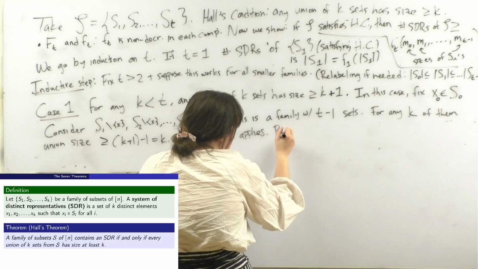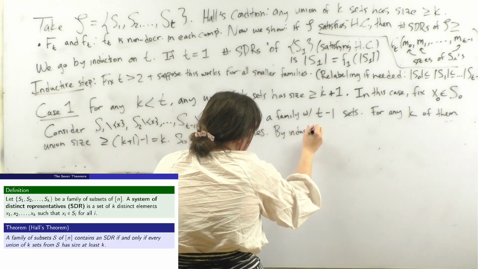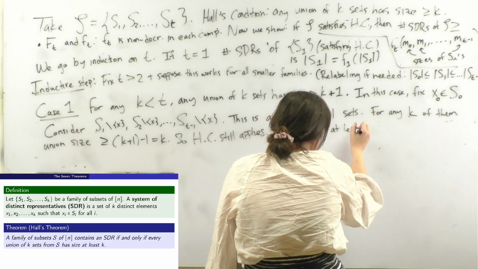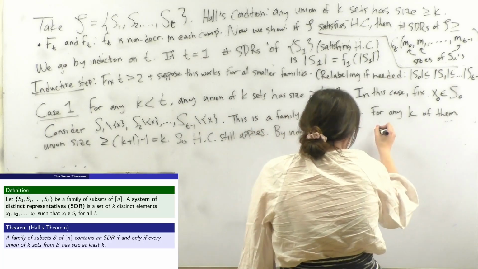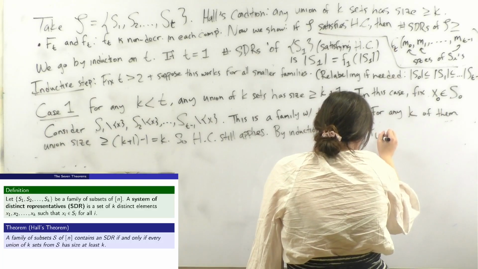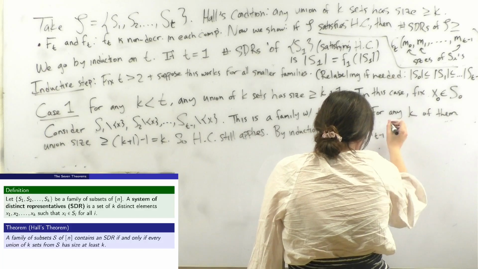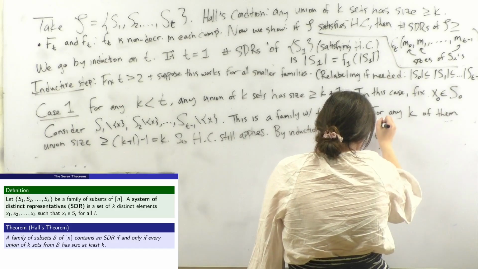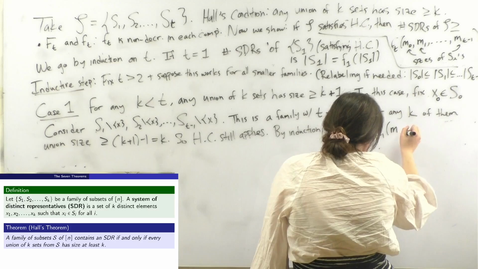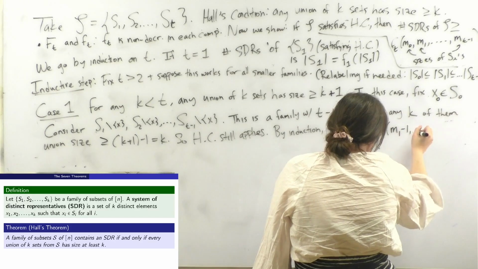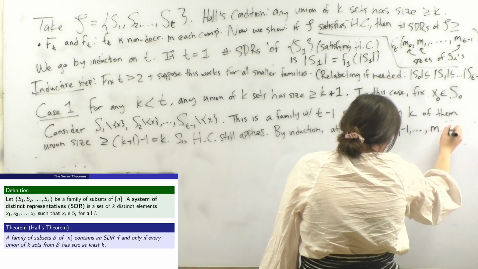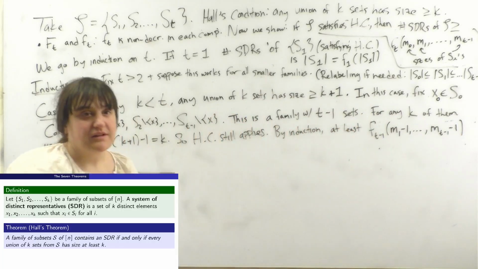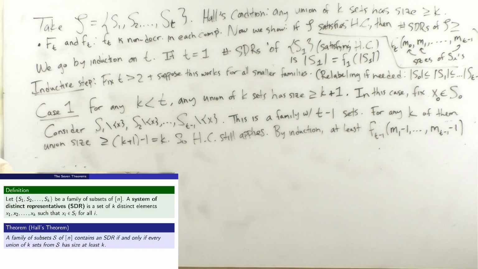And by induction, there are at least little f of t minus 1, but really it's just big F of t minus 1, they're the same, of M1 minus 1 through M(t minus 1) minus 1. Right, I plug in the sizes of my new sets.